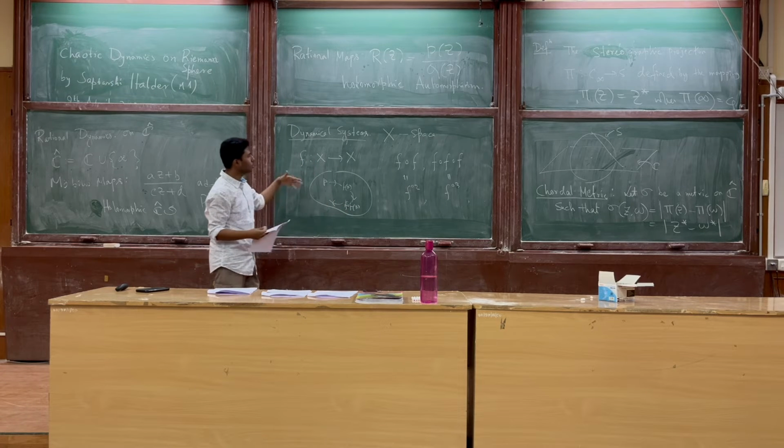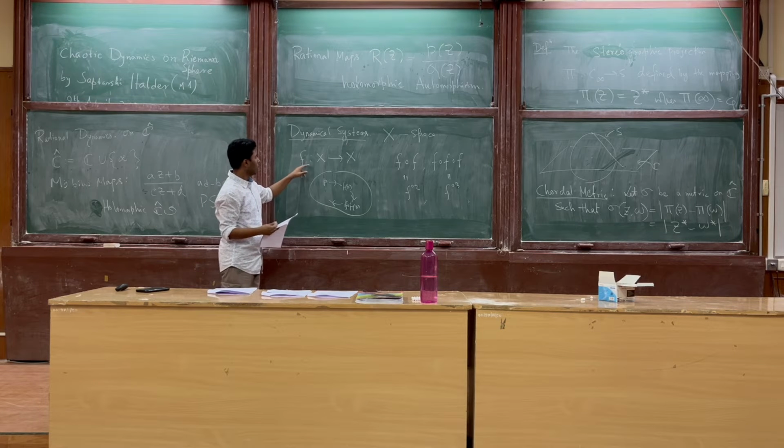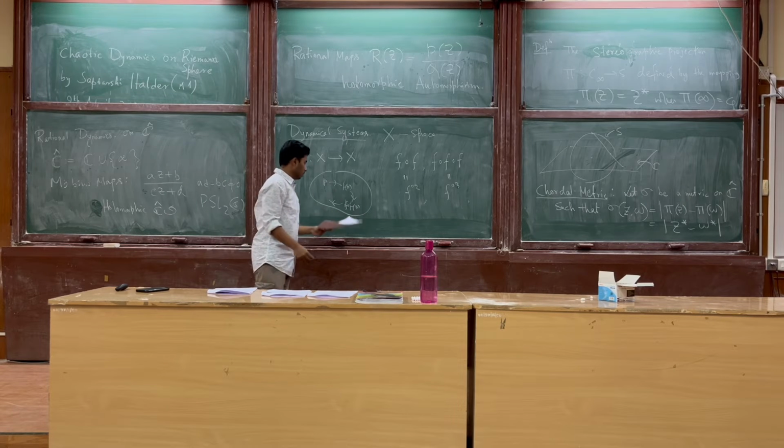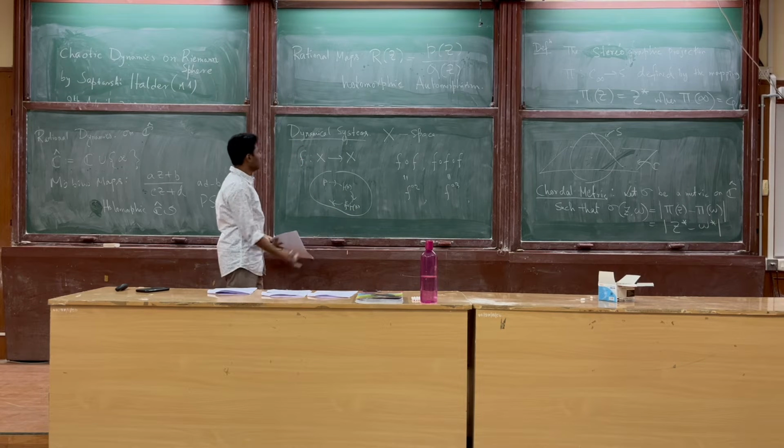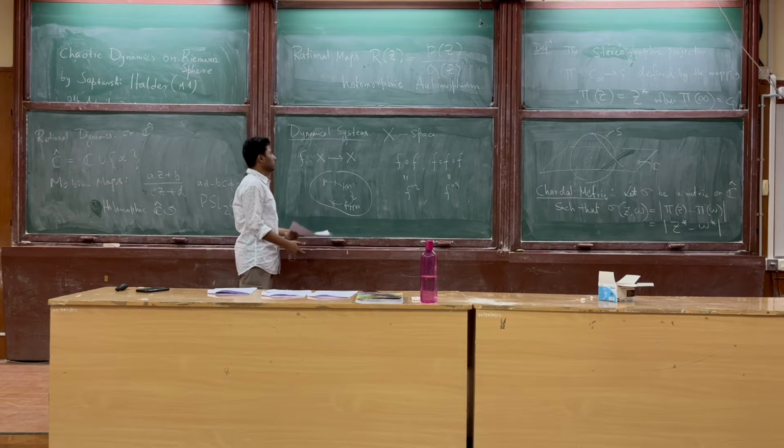So it is kind of giving a rule to see how this function behaves on certain points, the iteration of the function on certain points. X we can choose as a topological space or maybe a metric space.